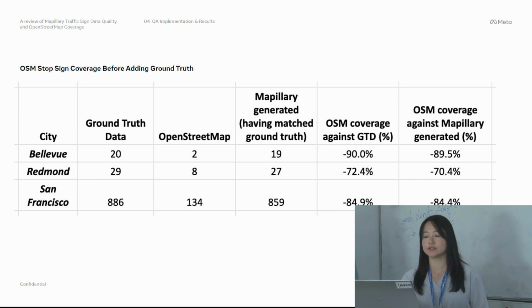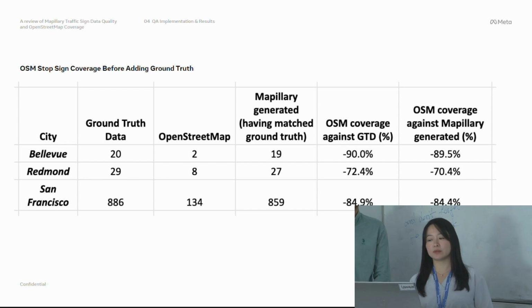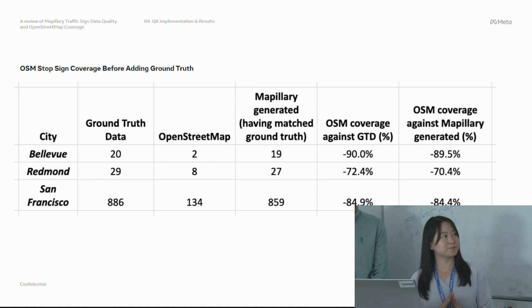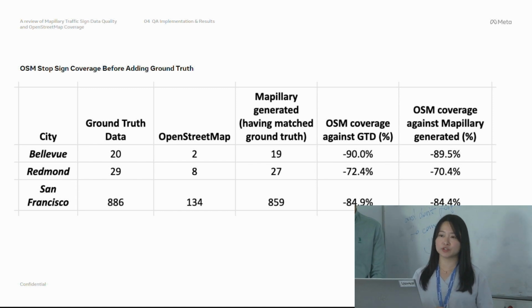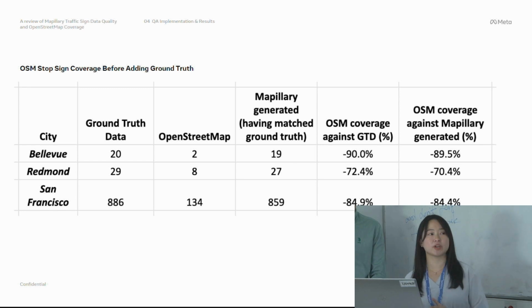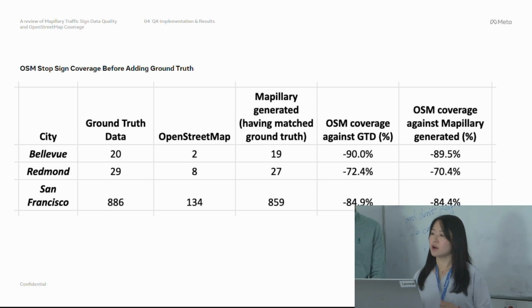The result turns out the OSM coverage is pretty low in all areas of interest against either the ground truth data or the Mapillary generated data. So that also proved that the Mapillary generated data will help to improve OSM coverage significantly.